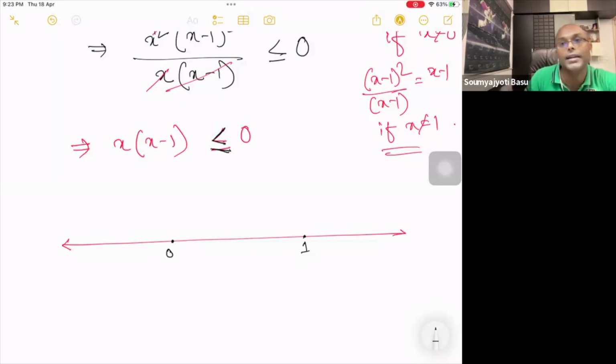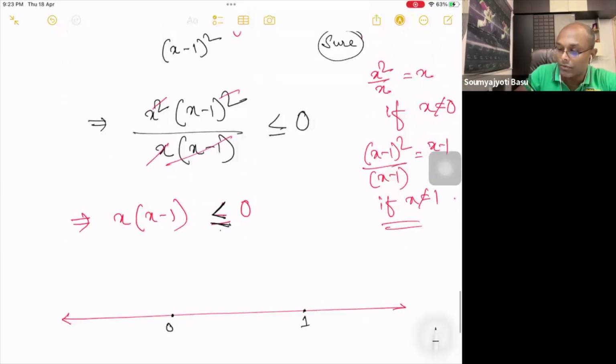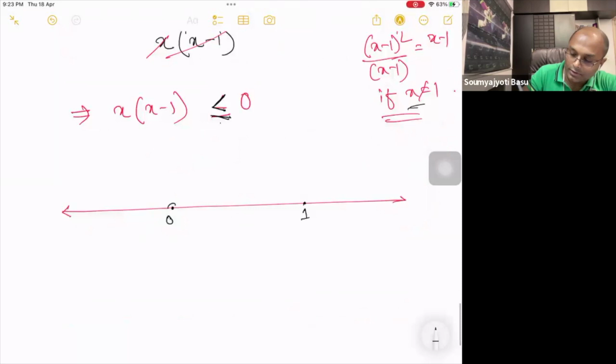So the equal sign is there in the inequality. So that means it would be a closed circle, right? No, because you have to keep in mind this portion. This shows that x is not equal to 0, x is not equal to 1. x cannot be 0, x cannot be 1. So that means it's an open circle.